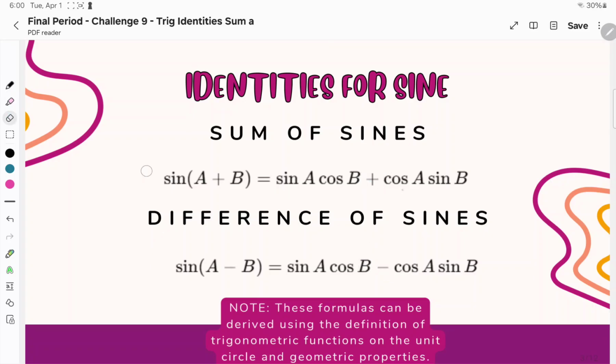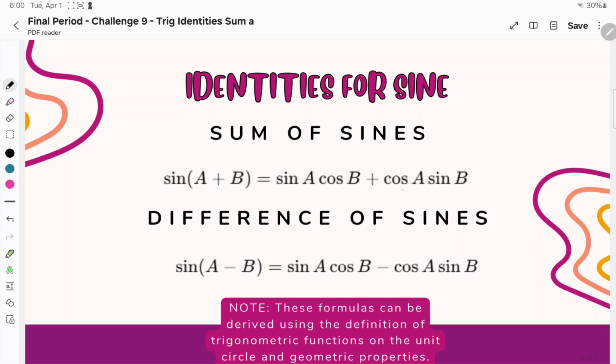So remember, when we have the sign of addition or the sign of a difference, sine, cosine, cosine, sine, if we have a plus in the middle, and then sine, cosine, cosine, sine, if we have a minus here in the middle as well. Okay.